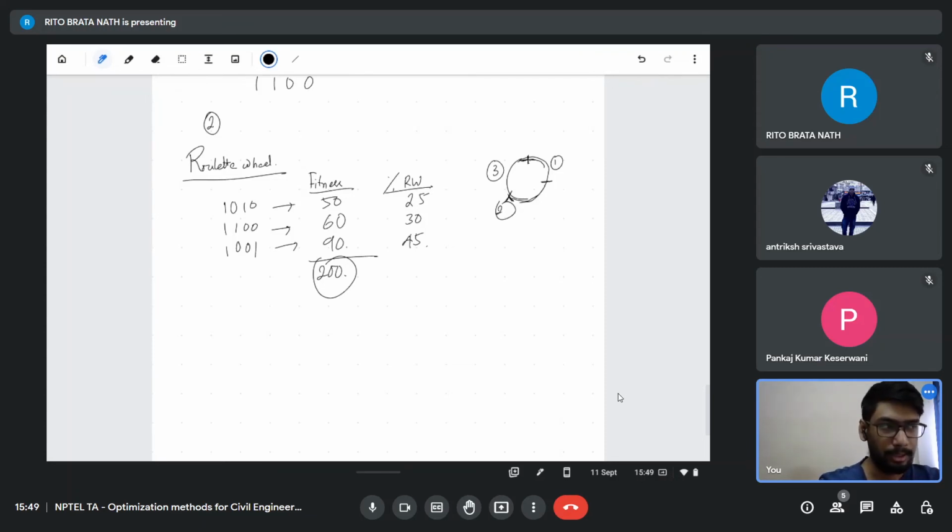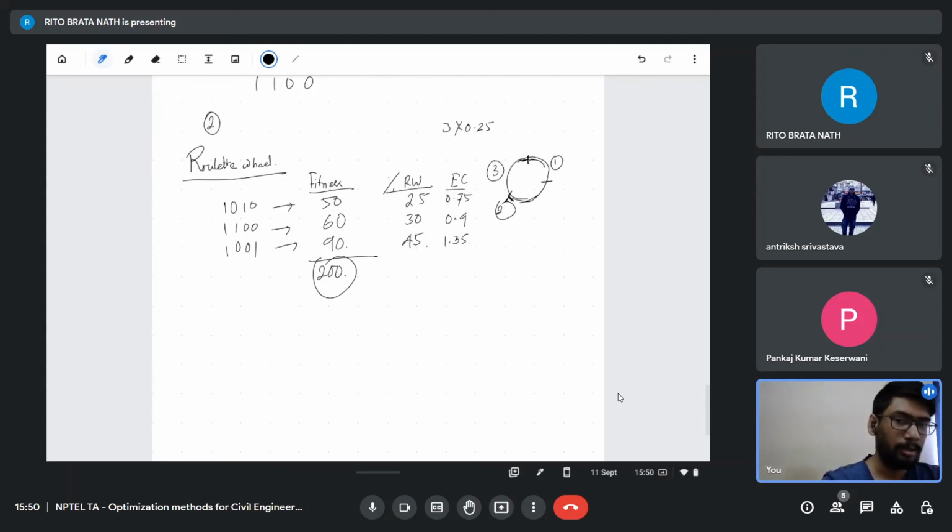You can convert this into expected count. Suppose you have 3 solutions here. Your expected count will be 3 times this 25%, that is 3 times 0.25, so 0.75. This will be 0.9, and this will be 3 times 0.45, so that will be 1.35.